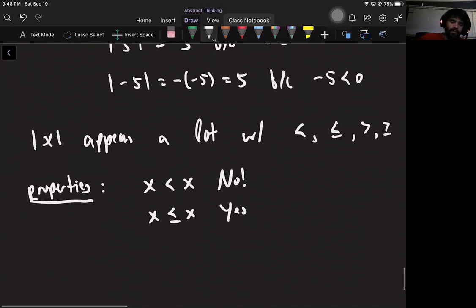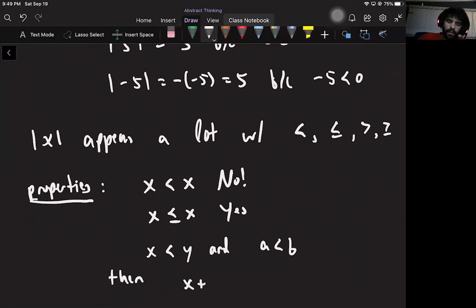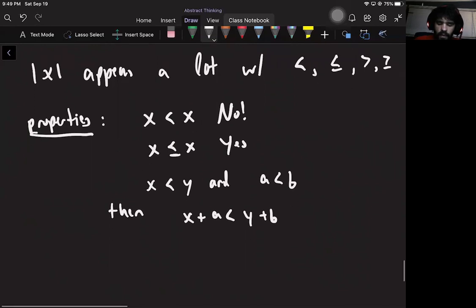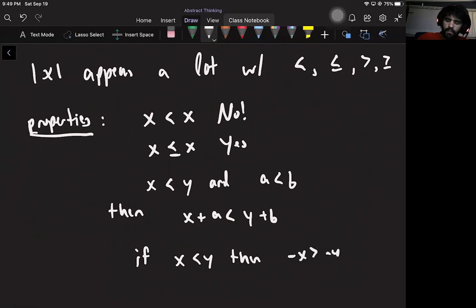And if you have 2 of these, x less than y and a less than b, then you're able to add on the same sides and preserve the direction of the arrow, basically. And if you multiply by a negative number, do you remember what happens then? Then it flips the direction.